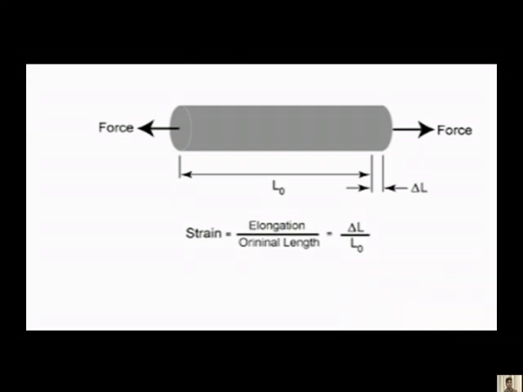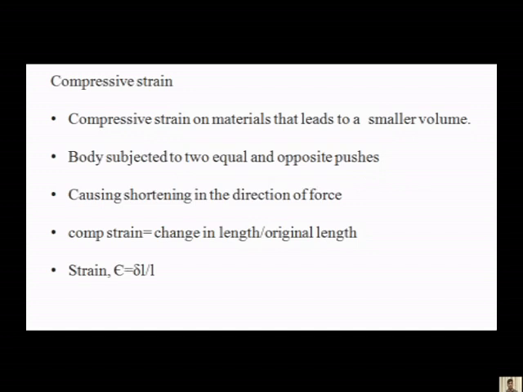You can observe two equal forces acting in opposite directions, and the original length L0 changes to L0 plus delta L. So again, strain is the change in length divided by the original length, that is elongation divided by original length, delta L by L0.